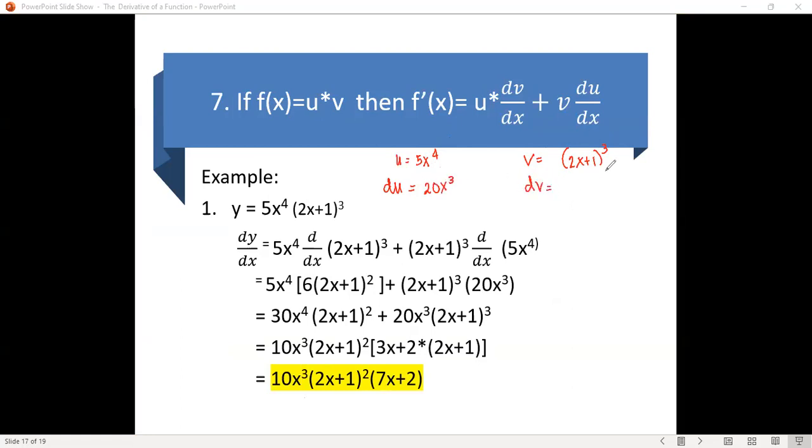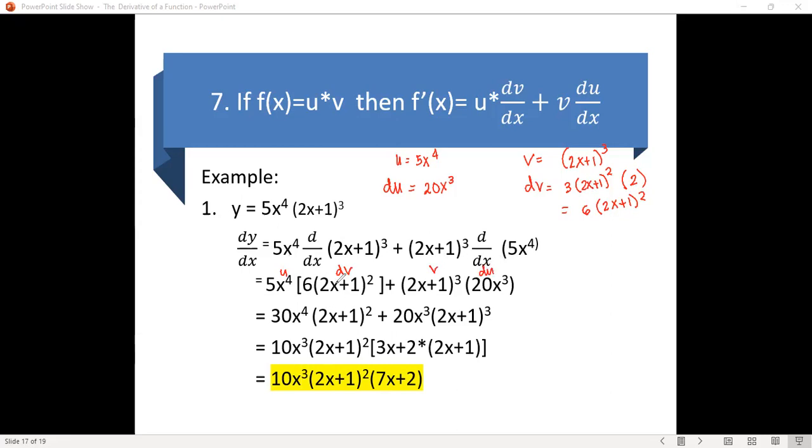While our dv is bring down 3, subtract 1 from 3, so that's squared, multiplied by the derivative of the base. The derivative of 2x plus 1 is 2. So 3 times 2 is 6. So we have 6 times 2x plus 1 squared. So ito yung dv. This one is u, this is our dv plus v, and this is our du.